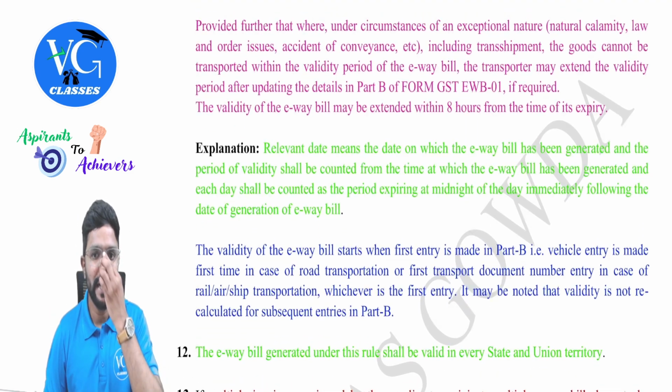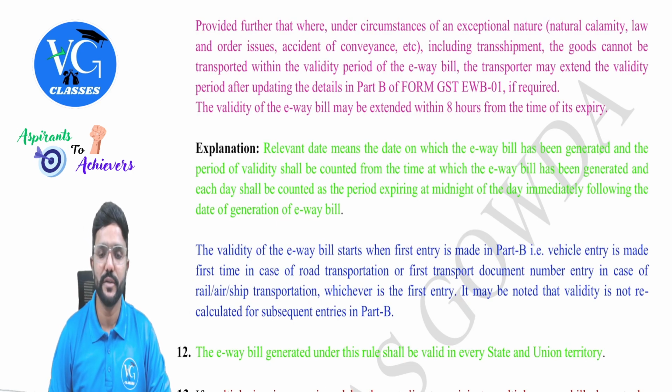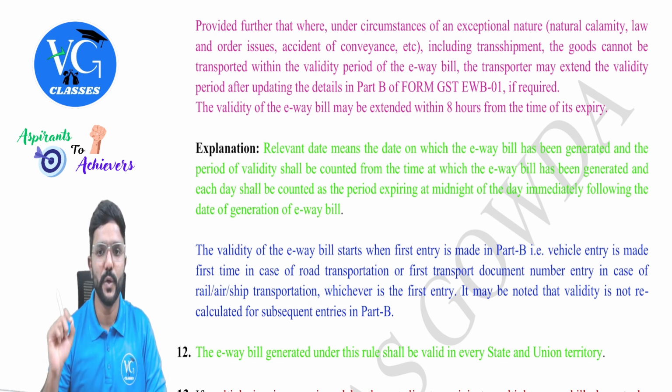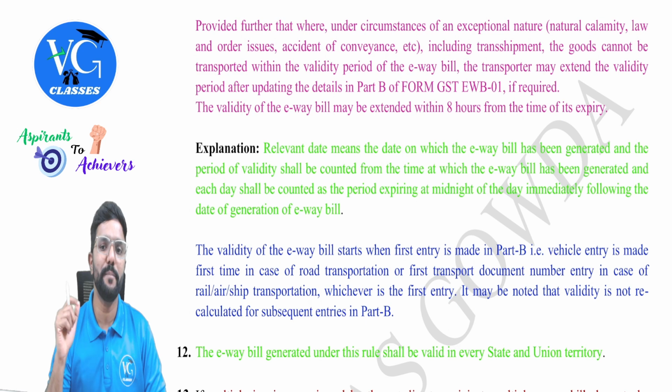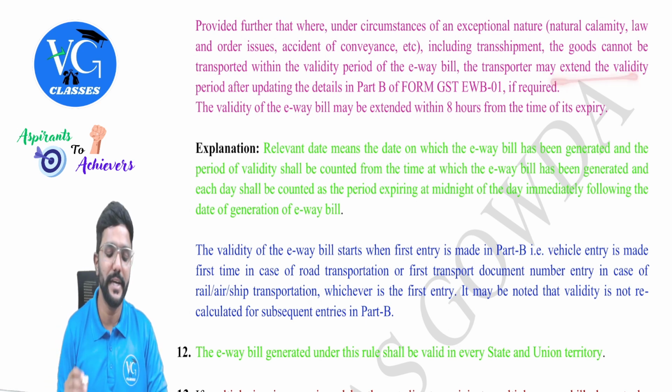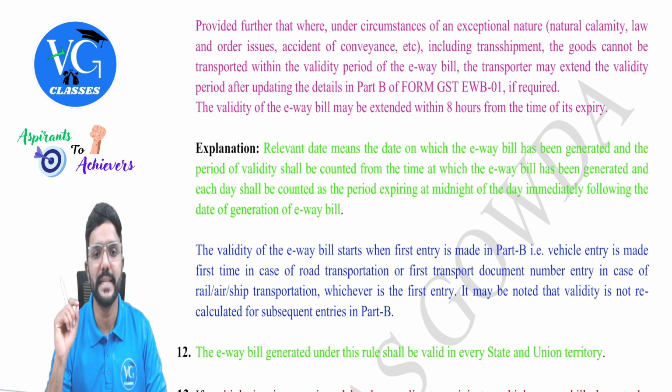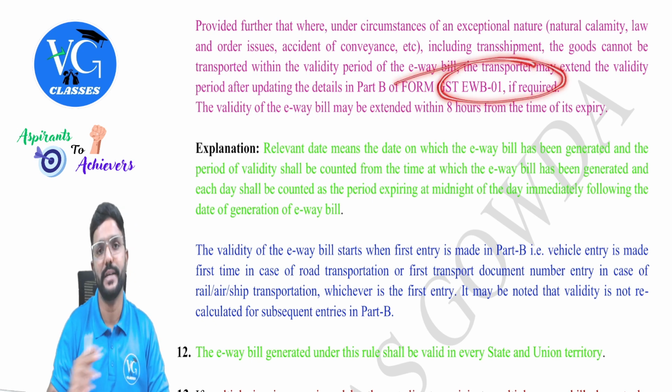Provided further that under circumstances of an exceptional nature, such as natural calamity, law and order issue, accident of conveyance, etc., including transshipment, where the goods cannot be transported within the validity period of the e-way bill, the transporter may extend the validity period after updating the details in Part B of Form GST EWB-01, if required.